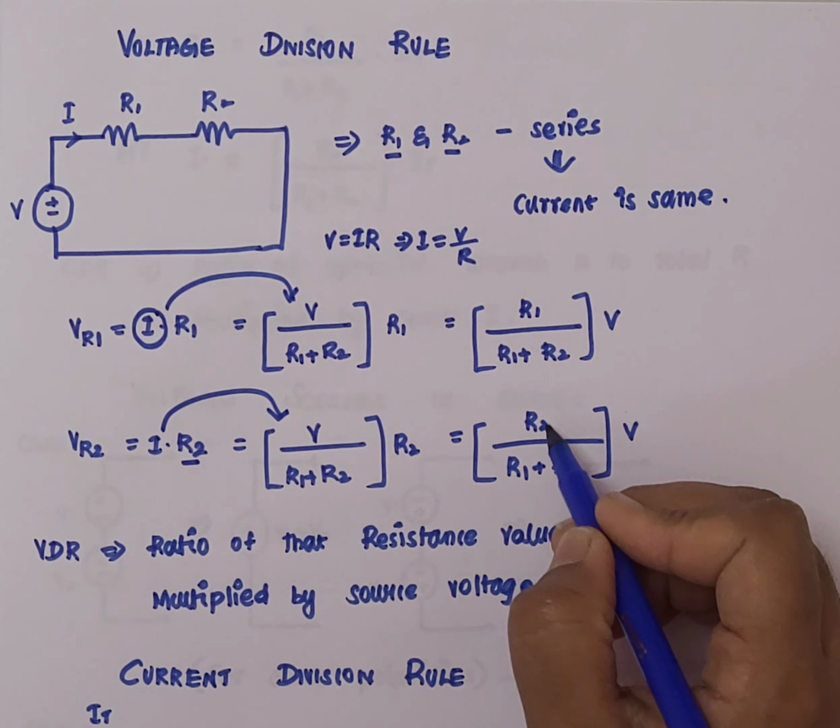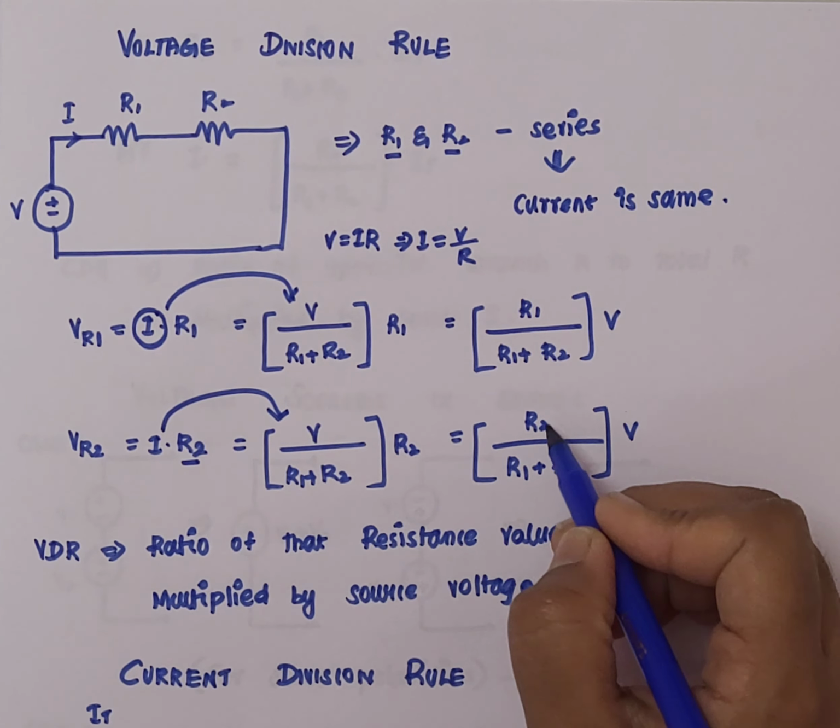Now let us consider this circuit where the voltage source is connected with two resistors connected in parallel in this way, R1 and R2. Here R1 and R2 are in parallel connection, which means the current flowing across these resistors will be divided.